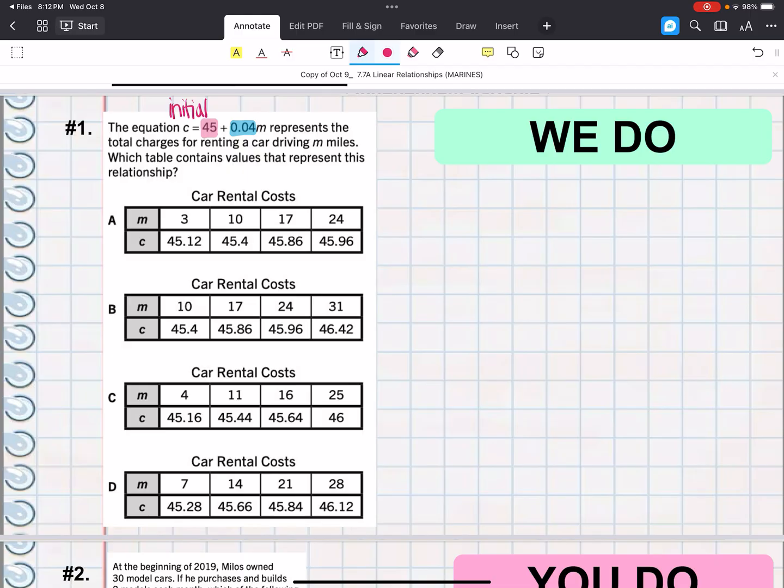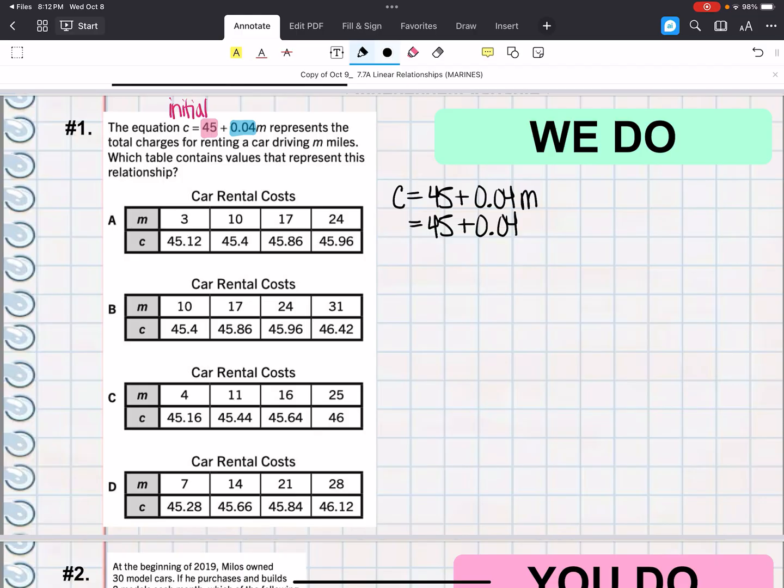So another option we have, similar to what we just did in our example, is using our equation of c equals 45 plus 4 cents times m, and just replacing m with the value given in your table.